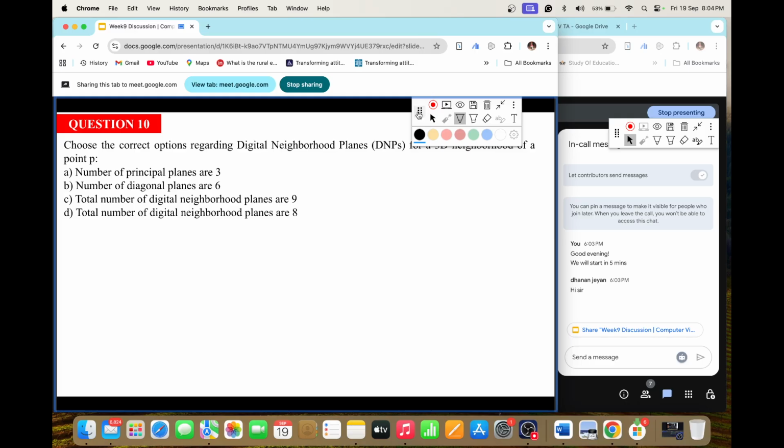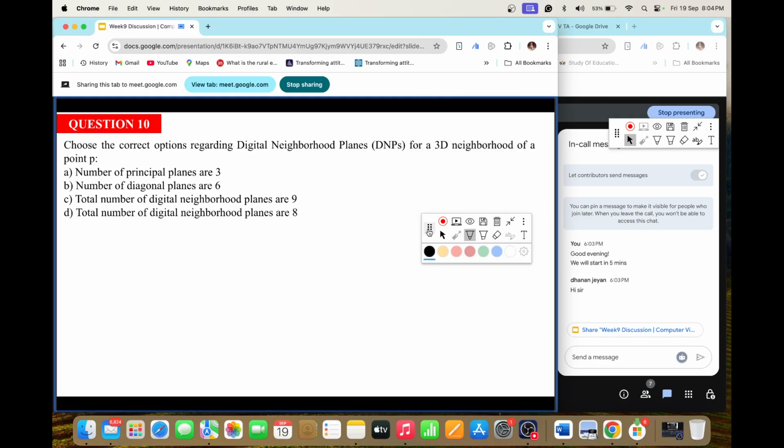Now choose the correct option regarding the digital neighborhood plane, DNP, for a 3D neighborhood of a point P. Number of principal planes is 3. Number of diagonal planes is 6. Total number of digital neighborhood planes is 9. Total number of digital neighborhood planes is 8.